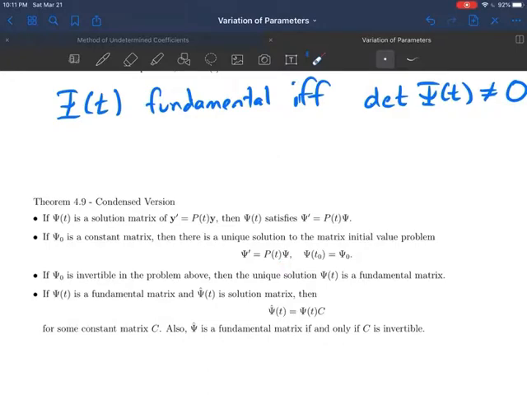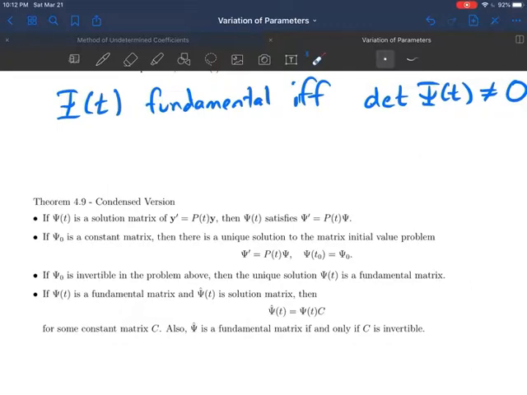So there's a unique solution to this. If the starting point here is an invertible matrix, then the unique solution will be a fundamental matrix. Basically, if the determinant of the solution of this differential equation is non-zero at the start, then it will stay non-zero forever.